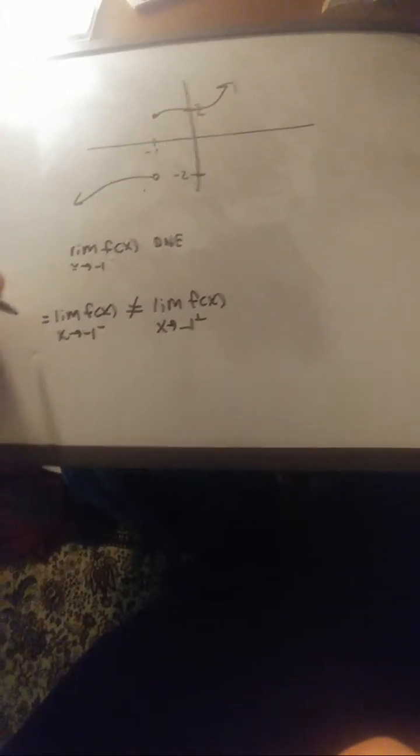We can put this here. I'll write it a different way. I'm sorry, there's probably a simpler way to write it. So we can just simply put this. The limit of f of x as x approaches -1 from the left equals -2. The limit of f of x as x approaches -1 from the right equals positive 2.